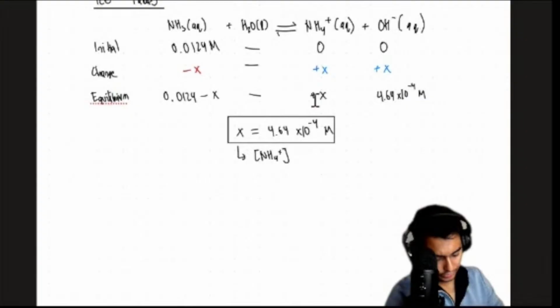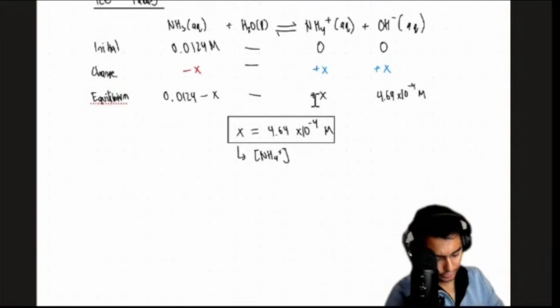So all we have to do is write the equilibrium expression. And so what's the equilibrium expression? Remember, it's KEQ equals products over reactants. So the products are going to be effectively 4.64 times 10 to the minus 4 molar. But we're going to have to square that. Why do we square that?